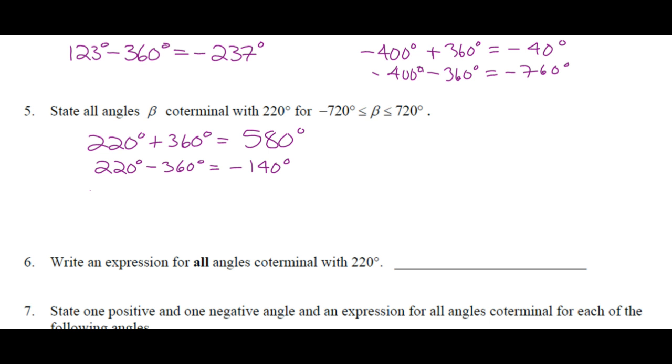What's negative 140 degrees minus 360 degrees? Negative 500 degrees. If I subtract another 360, what will happen? Now I'll be lower than negative 720, so we don't need to keep going, right? So those are all the coterminal angles within that given range, from negative 720 to positive 720.